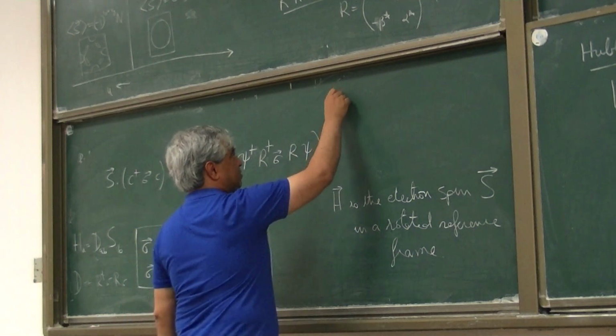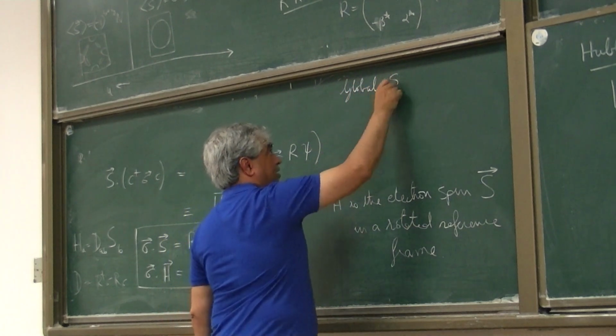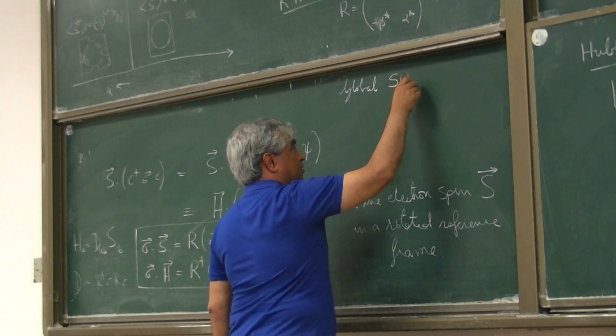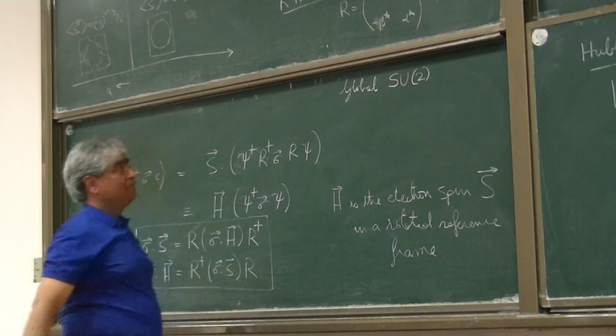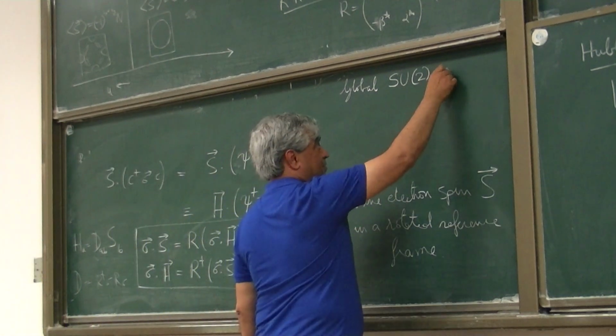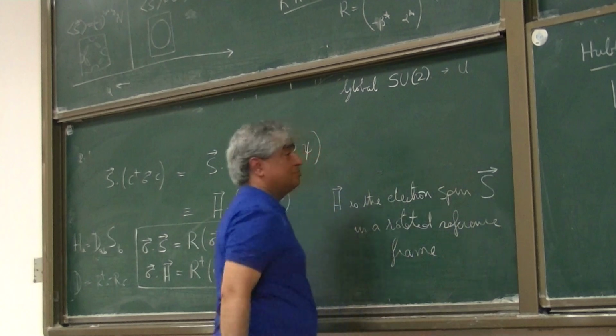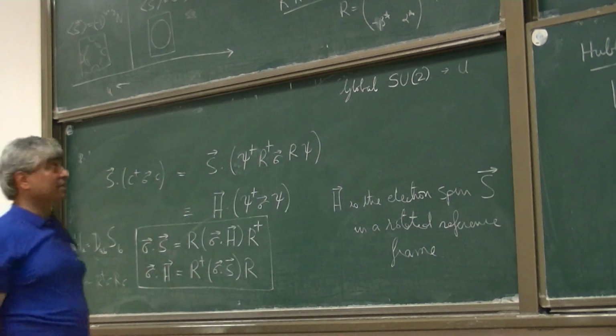So there's a global symmetry, and now we'll call it SU2 global. And what happens under a global symmetry? The global symmetry is some rotation U. So it's an SU2 matrix. Suppose I do such a rotation.